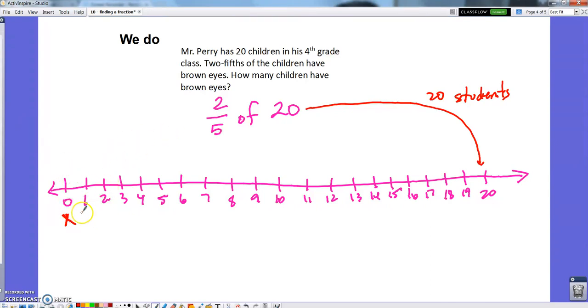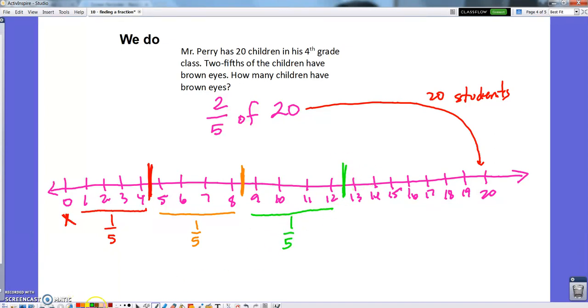So the first 4 kids are going to be 1/5 of the class. The next 4 kids are 1/5 of the class. Next 4 kids are 1/5 of the class.